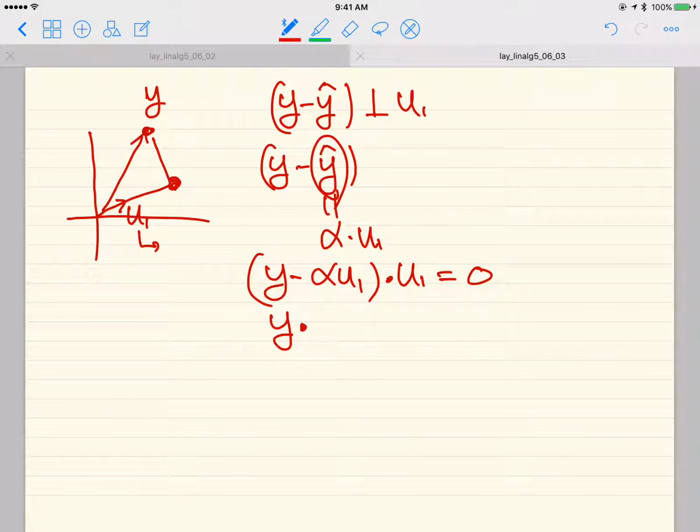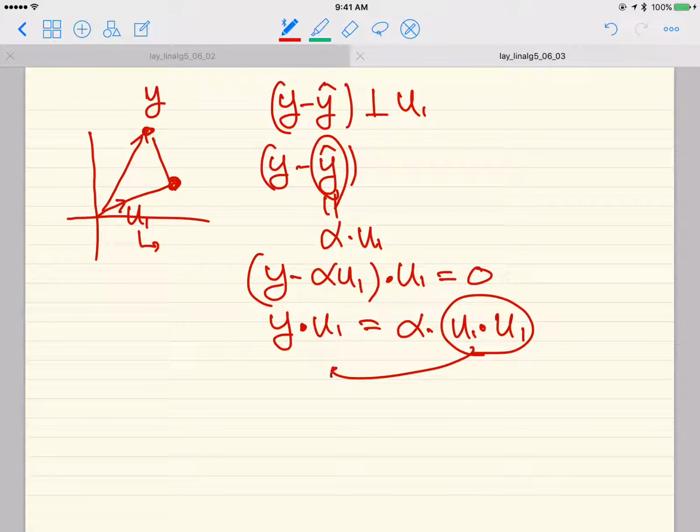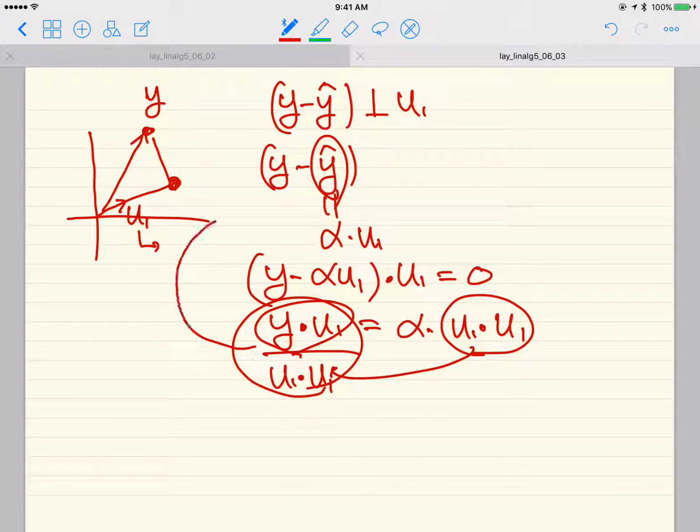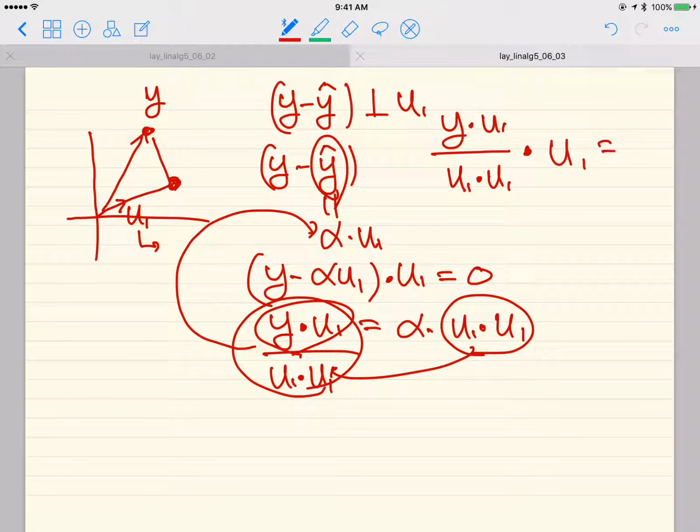And so y inner product with u1 will become alpha times u1 inner product with u1, and so this will divide the left hand side, right? Plugging this alpha here, we obtain y inner product with u1 over u1 inner product with u1, times u1.